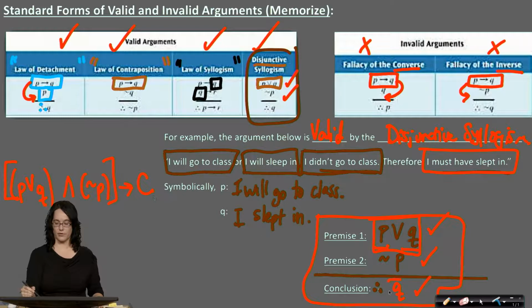Your consequent, in this case, would be the letter Q, right? That was our simple conclusion. If this is a tautology, when you get to this final column, it'll take some time to get there, then you can say that this is, in fact, a valid argument. Okay, but that takes some time, which is why if you can recognize a standard form, you save yourself a lot of time.